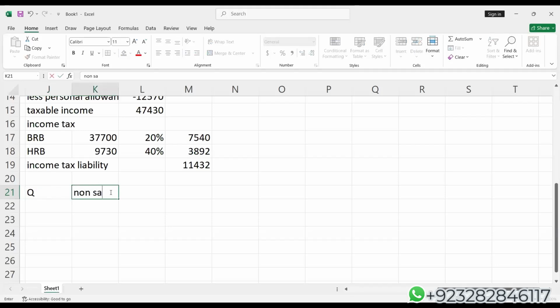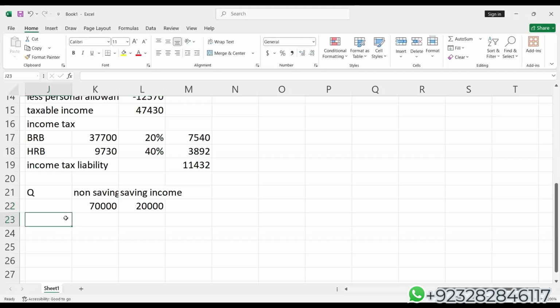Let's say we have non-saving income, and another column here is saving income, which is simply the interest income. Let's say the non-saving income is 70,000. Saving income is the interest income, which is 20,000. And the required is income tax liability.